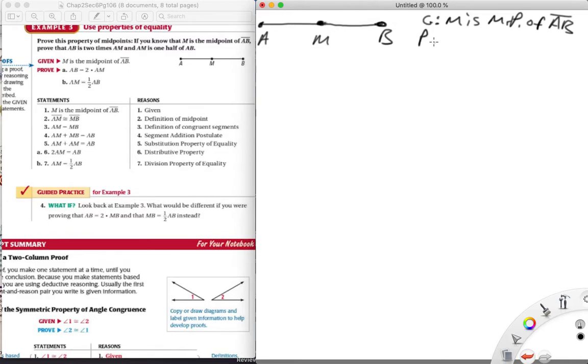And they want me to prove that AM is equal to 1/2 of AB.